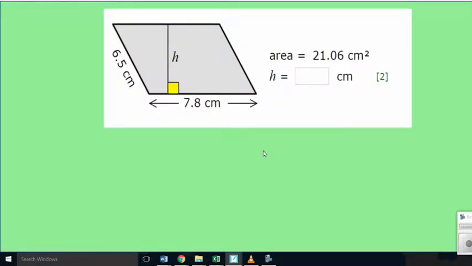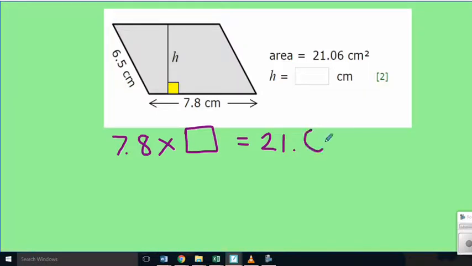Okay, this one, okay? Same thing, but it's with decimals. So I know that my base is 7.8 multiplied by the height, which I don't know, equals 21.06.